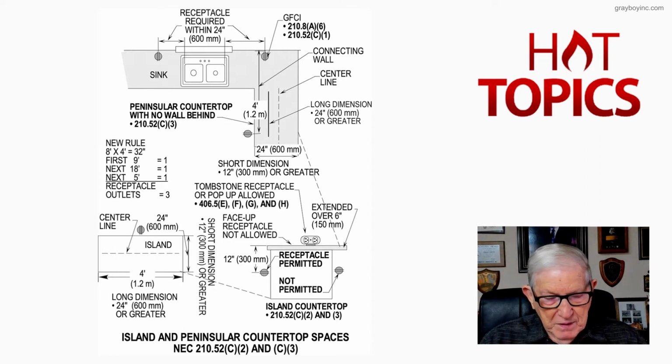In kitchens, pantries, breakfast rooms, dining rooms, and similar areas of a dwelling unit, receptacle outlets for countertops and work surfaces that are 12 inches or wider, so that's one of the rules there, 12 inches or wider, shall be installed in accordance with 210.52C1 through C3, and shall not be considered as the receptacle outlets required by 210.52A, for where you had a wall, for example.